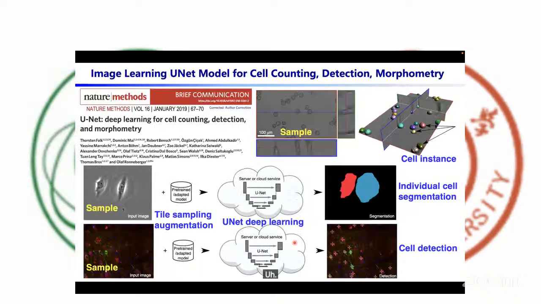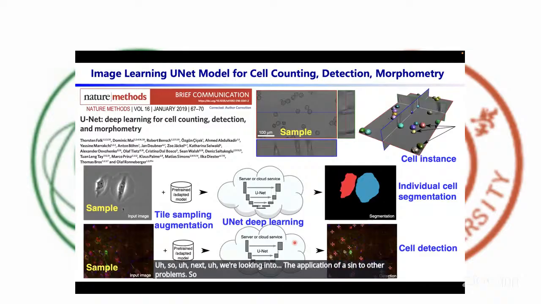So next, we look into the application of CNN to other problems. In this case, it is the counting, detection, and morphometry of cells in the image of a sample. A sample could be some bioassay samples, liquid form of samples, wherein there are many different cells, and you want to detect them.